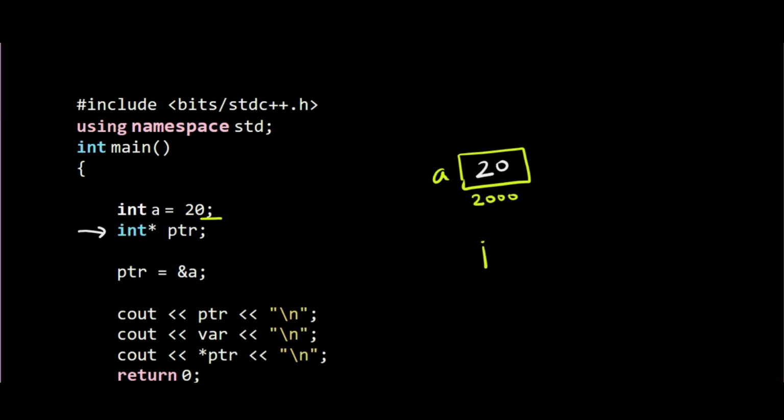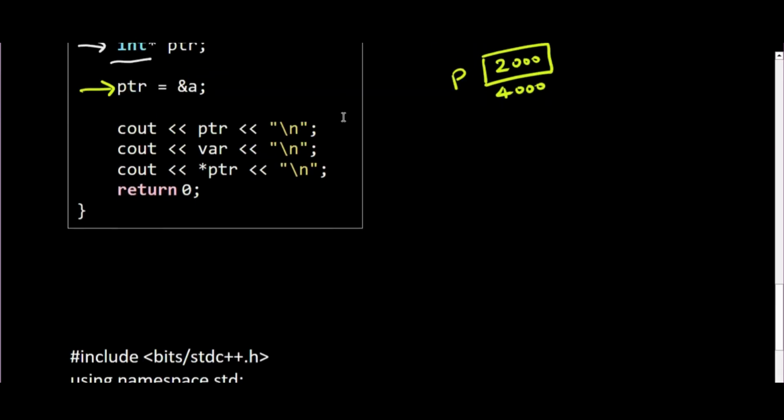So this will also be a variable, and let's suppose it has an address of 4000, and here we are storing the address of a, that is 2000, in this p pointer. So pointer is nothing, it's just basically a variable that stores the address of another variable. And which data type that variable should be? It is in the declaration. So here it is of type int.